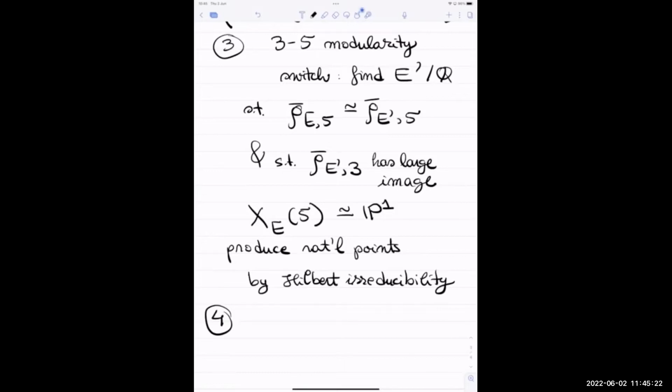So step 3 will give you residual modularity mod 5, but in order to prove the modularity lifting, again, you need large image. So the elliptic curves to which these 3 steps will not apply are the ones for which both the mod 3 and the mod 5 image are small. And so we need to understand the exceptions.